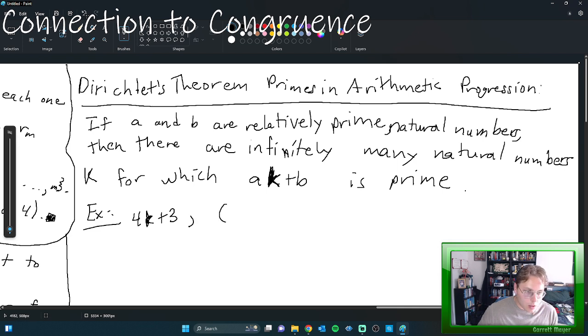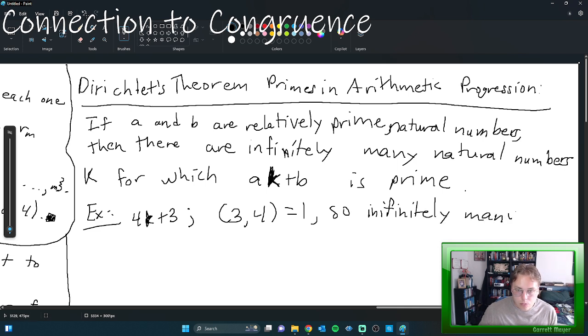Well, 3 and 4 are relatively prime, so infinitely many. Okay, what's another example? Well, let's look at 5k plus 4. 5 and 4 are relatively prime, so infinitely many.